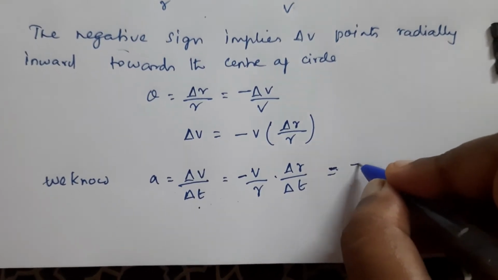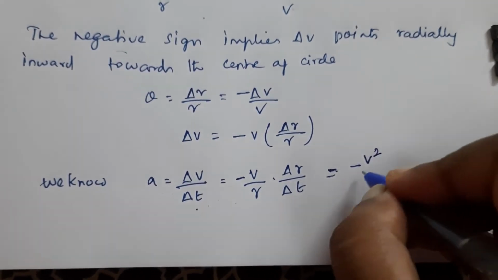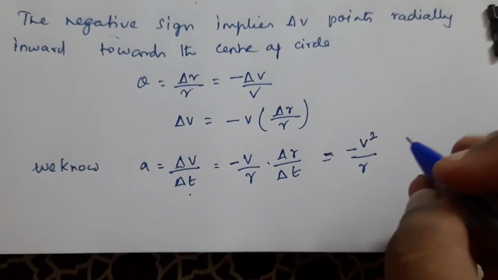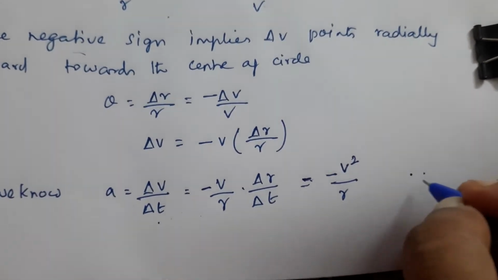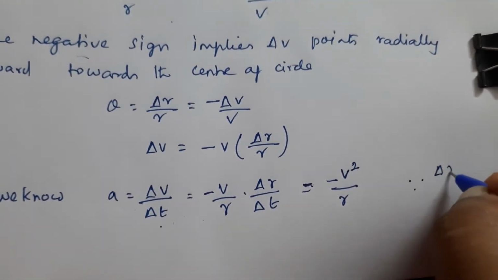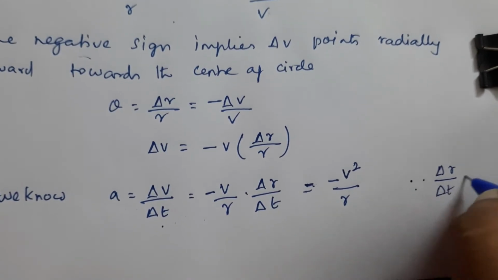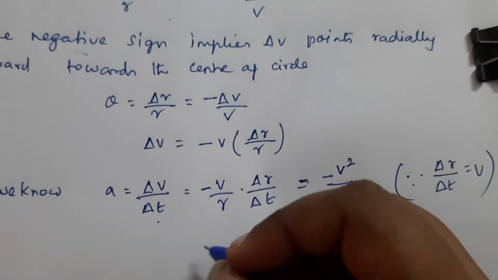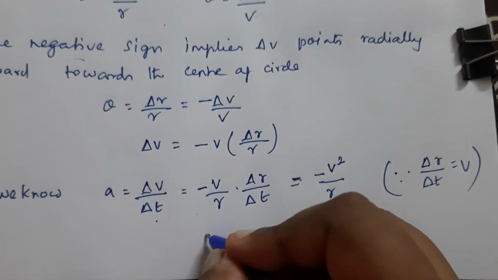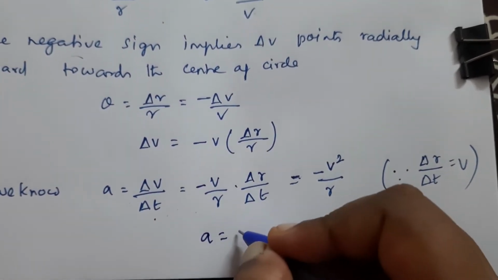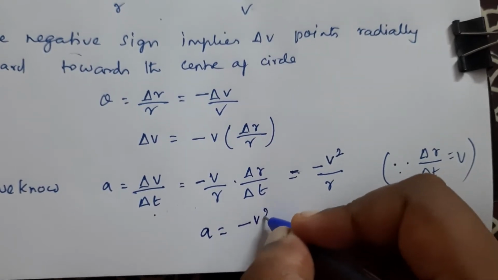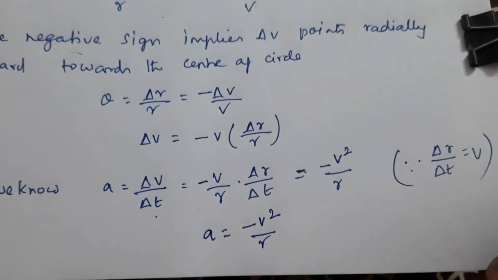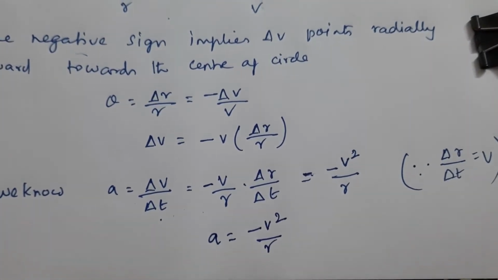So we can write it as minus v square by r. So the expression for acceleration we got is a is equal to minus v square by r.